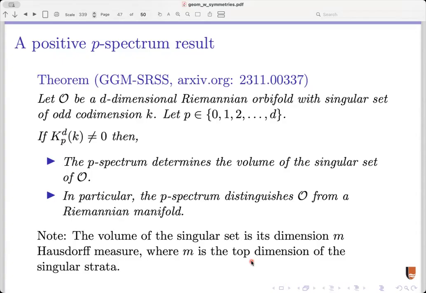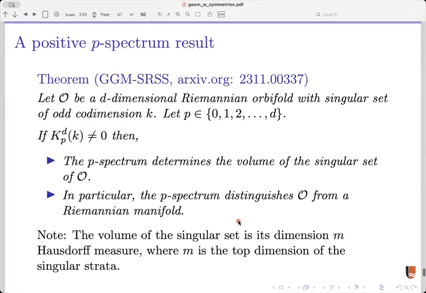So you take the top dimension of the strata, whatever that is, and use the Hausdorff measure of that dimension to get its volume. So in any case, using these hypotheses, the p spectrum determines the volume of the singular set, and certainly that will distinguish the orbifold from a manifold if we can tell how big that singular set is. In a manifold, it's going to be empty, so volume 0.